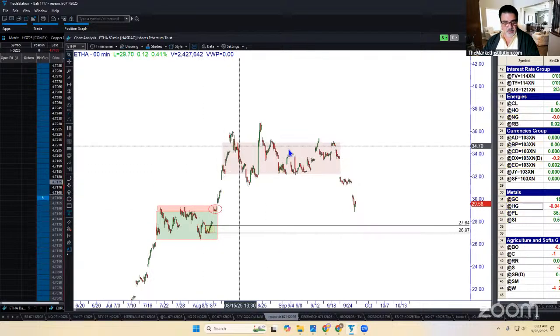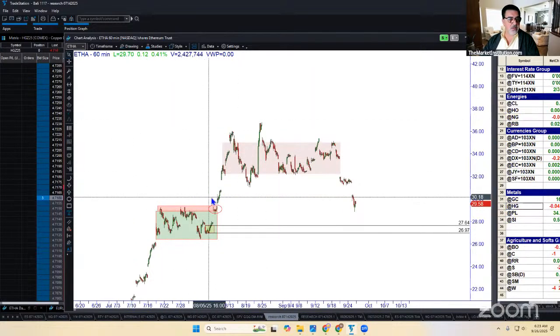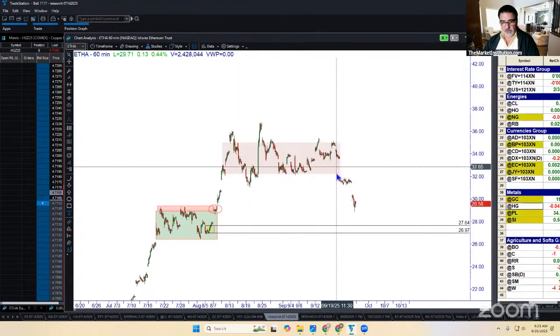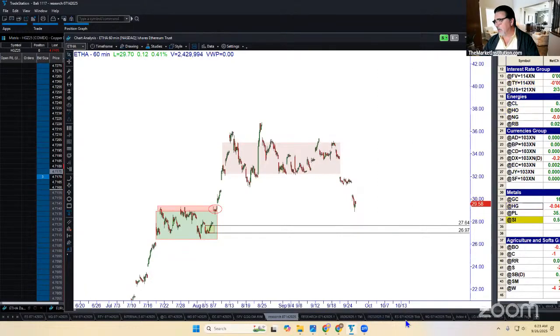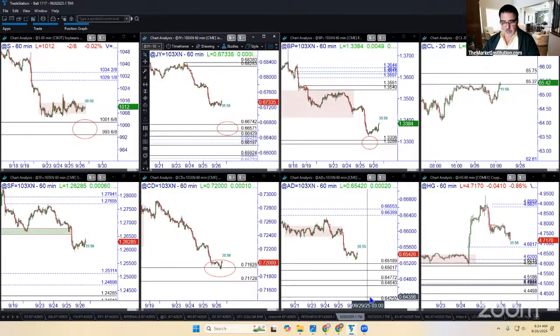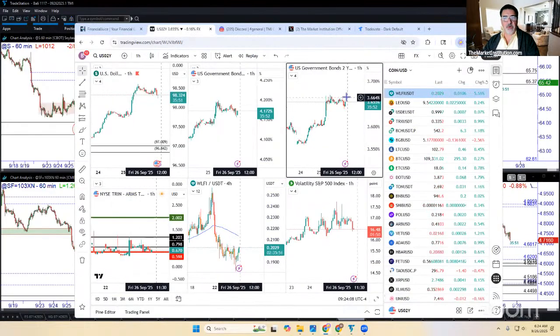Yeah, here we have one of those pictures, and this is on Ethereum iShares. Got the drop, the base, drop. All right, I'll come back to that picture in just a moment once I find it. Oh, I know what it was. It wasn't on there. It was over here, on the yields.